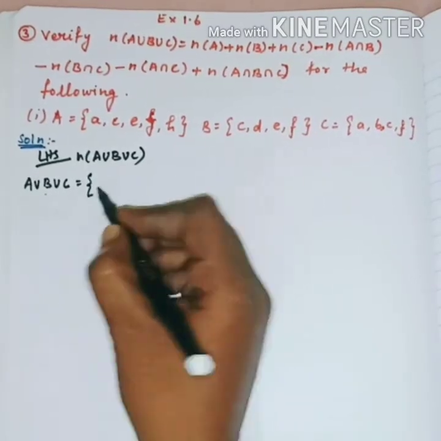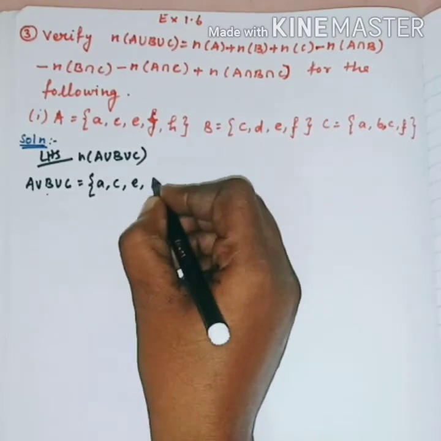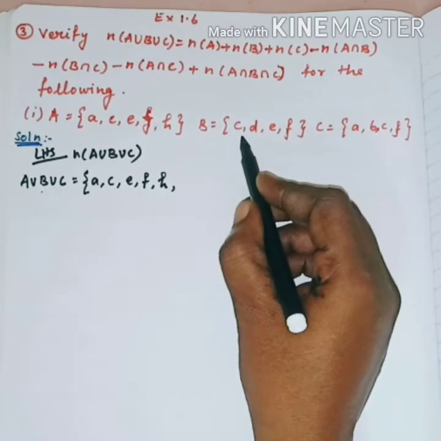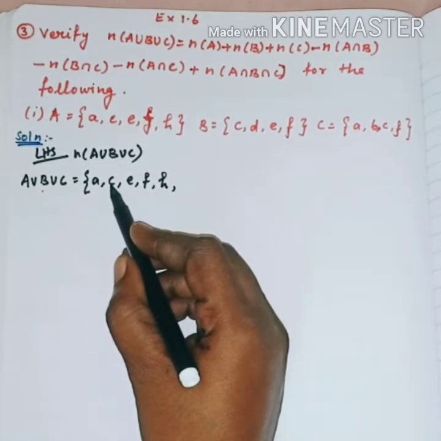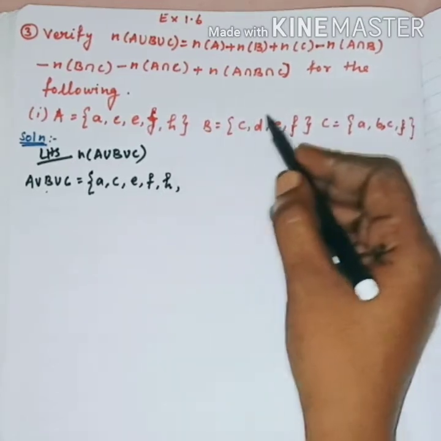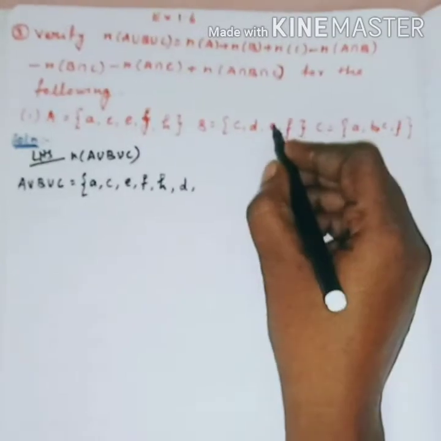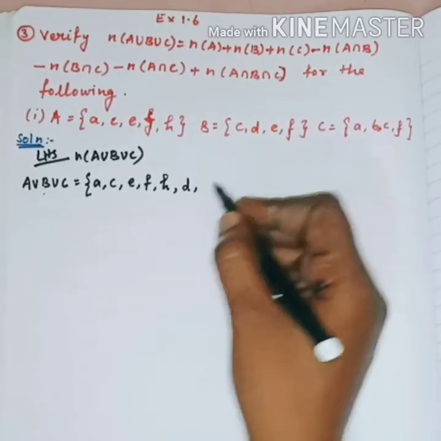First write the elements of set A: C, E, F, H. Then the elements of B: C we already wrote, so no need to write it again, and D we didn't write, so include D. Then E and F are already written.